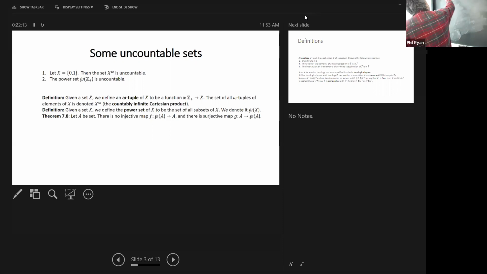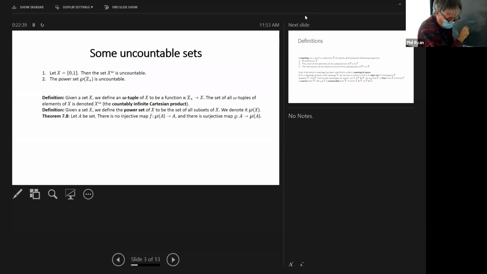Okay, so since we have this function g, we can have a look at g of n. So n is here, g of n is over here. So this is going to be a sequence of zeros and ones.